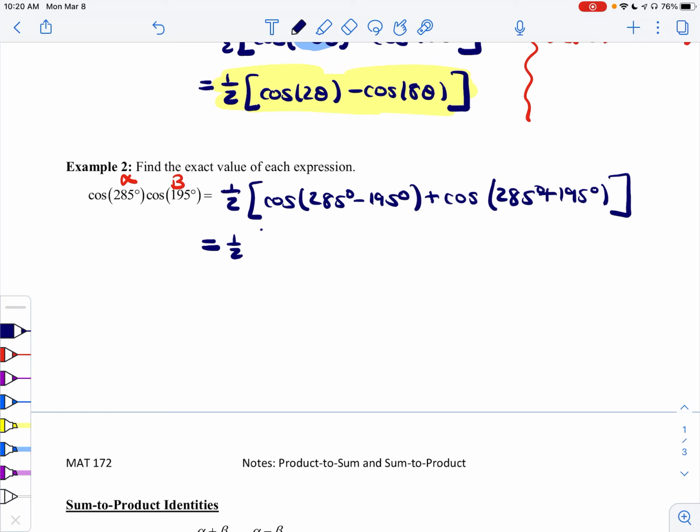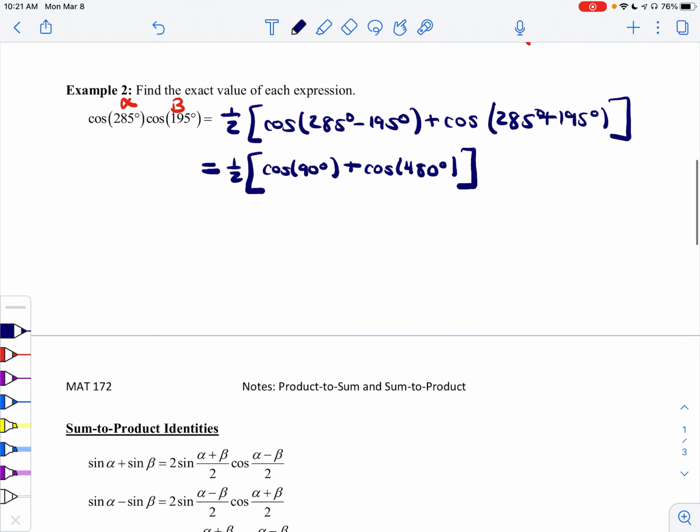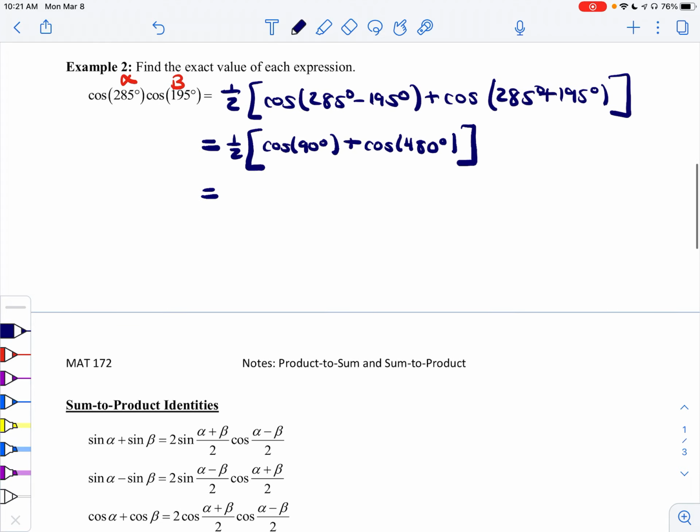So we'll have 1/2 times the quantity cosine of 90 degrees plus the cosine of 480 degrees. 90 and 480, these are all unit circle angles, so we can just evaluate our cosine at these values.